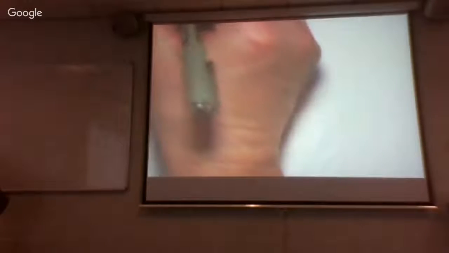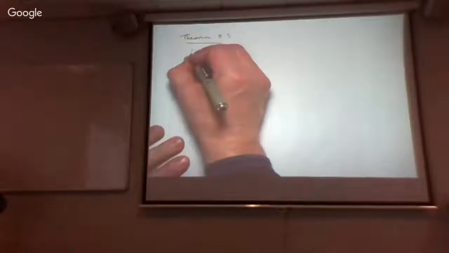Okay. So the first result: there are these two theorems, or maybe theorems is too grand a word, maybe they should be lemmas instead. But first is Theorem 8.5, and this gives a very nice description of the status of -1.